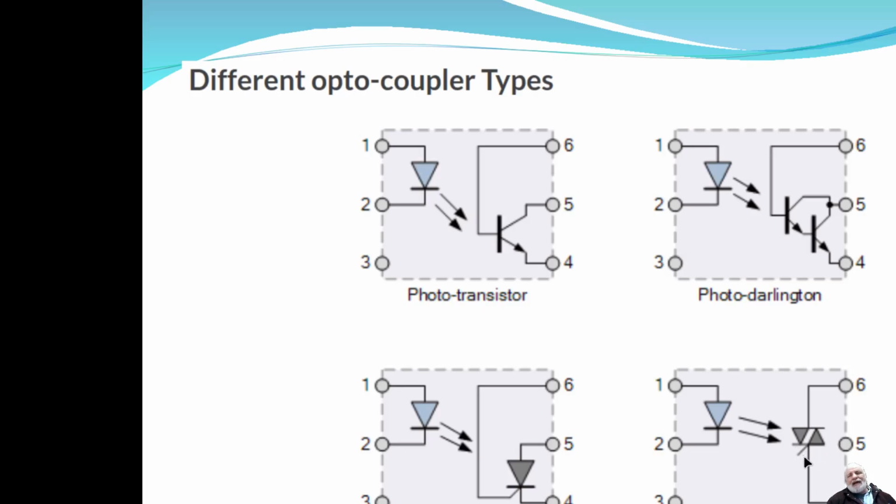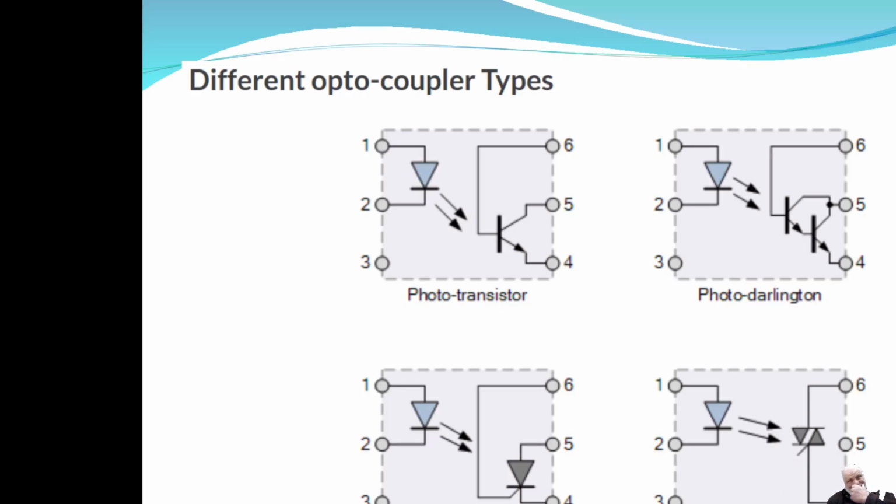But this is a triac circuit here, and what that means is that current can flow in either direction. Once you activate the gate, current can flow down through 6 to 4, and then when the sine wave or AC waveform flips, if you activate the gate again, it will allow current to flow from 4 to 6.